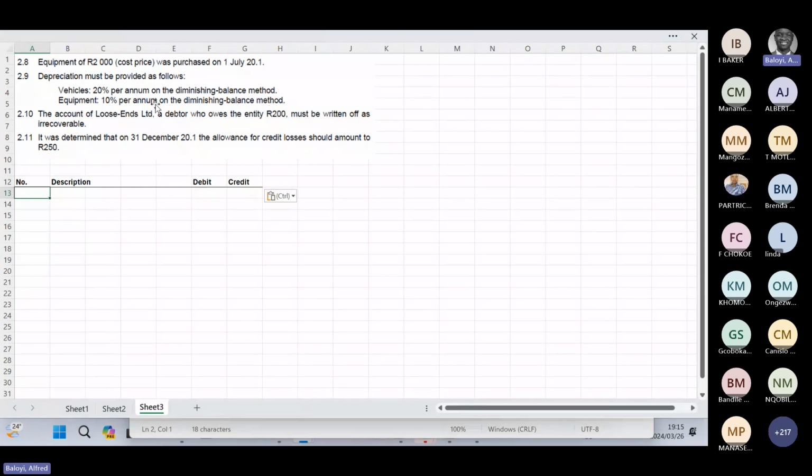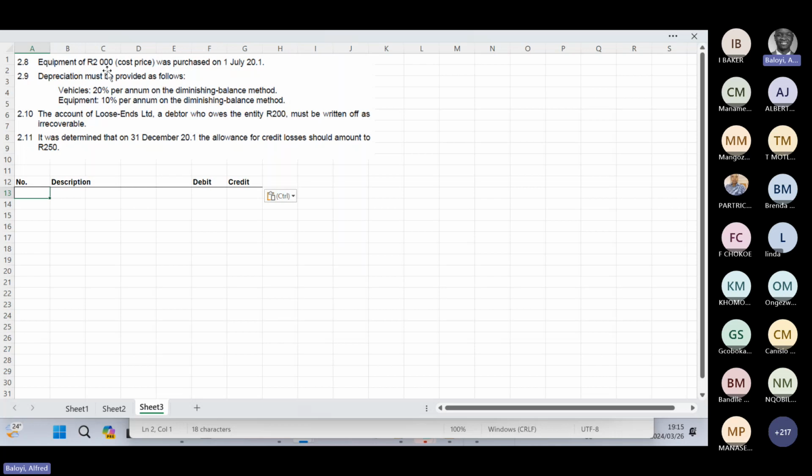All right. So you see that if you go to 2.9, your depreciation is calculated at 20% of vehicles on the diminishing balance method. And then equipment is at 10% per annum on the diminishing balance method.